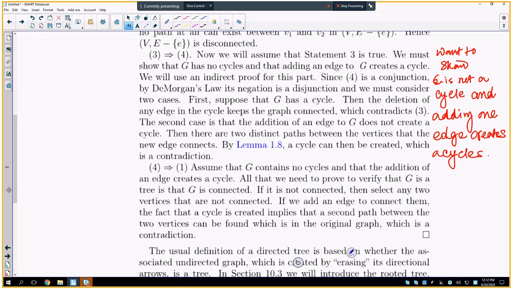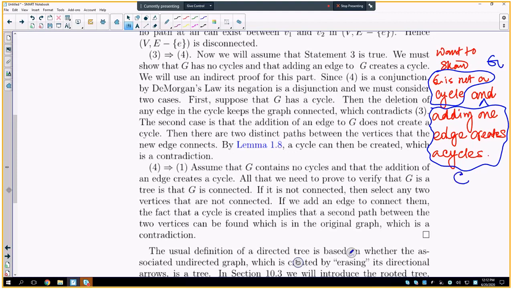So what I generally do is identify this statement, G is not a cycle, as your P. And is your logical connective. Adding one edge will create a cycle is my Q. So because I said G for the first one, let's just say C for this one.